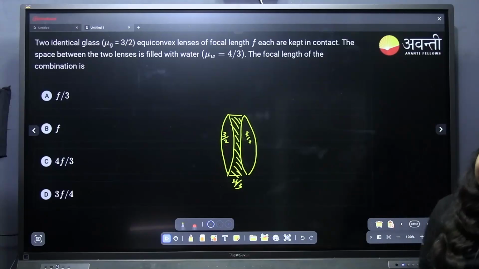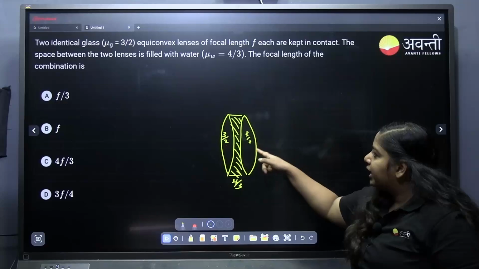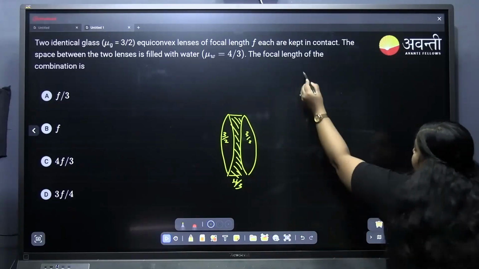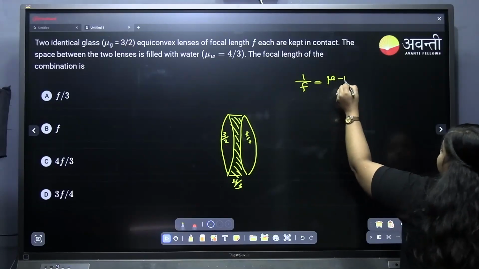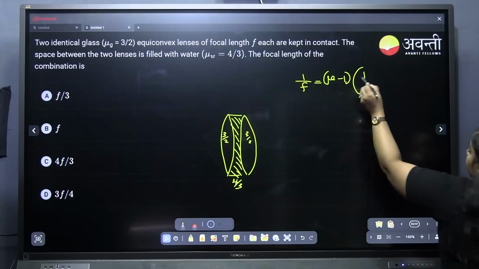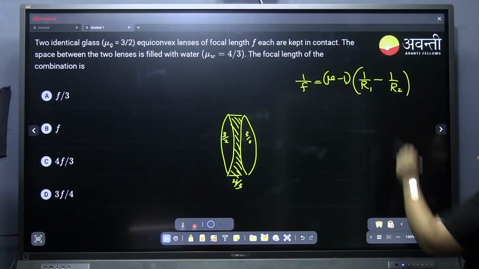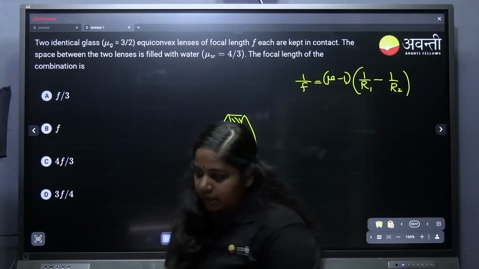How do we find the focal length of each? This one has focal length f, this one has focal length f. How are we getting that? 1 by f equal to mu minus 1 into 1 by R1 minus 1 by R2. Any doubt?